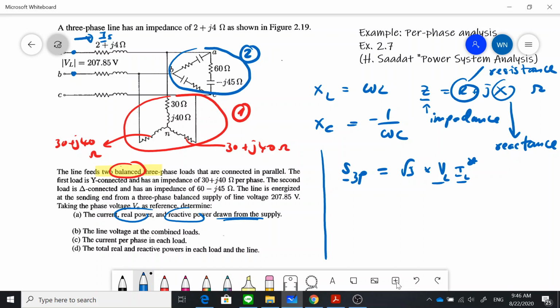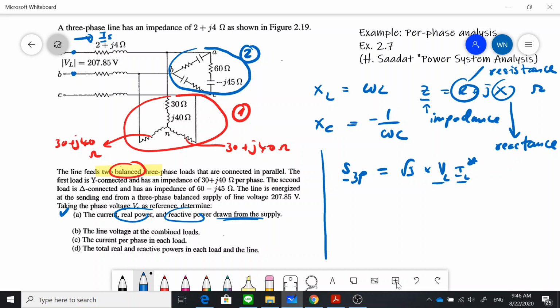You need to determine the total current drawn from the supply. Knowing this Is, you should be able to find the three-phase complex power delivered by the source. You just decompose the real part and imaginary part, so you can answer question A.